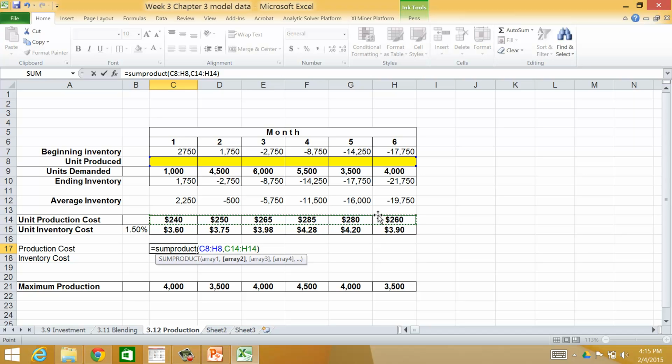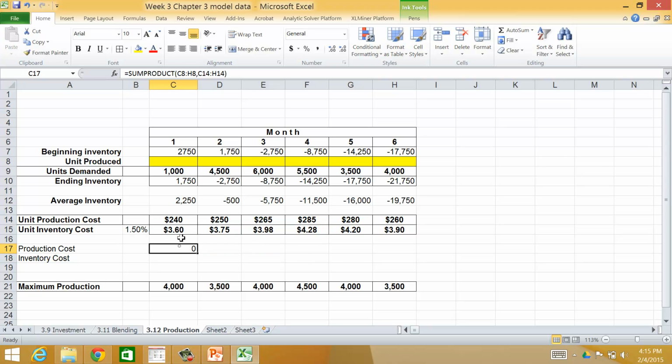Or sometimes the company may want to know the monthly production cost and the monthly inventory cost. So instead of doing the sum product, what you can do is also just do unit produced multiplied by unit cost and copy it all the way. Then here I will change this to be monthly production cost.